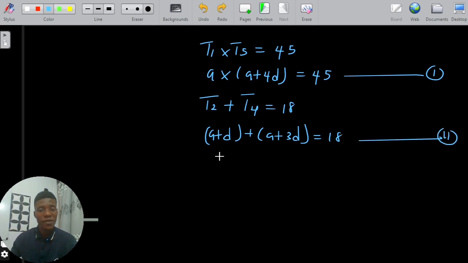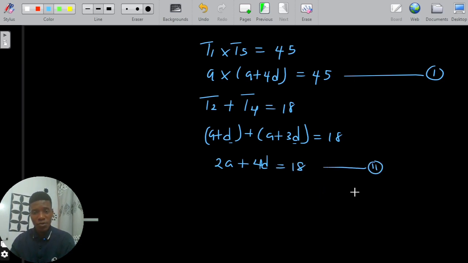You can simplify this further by collecting the like terms, which gives 2a plus 4d equals 18. Now, how do you solve these two equations simultaneously?